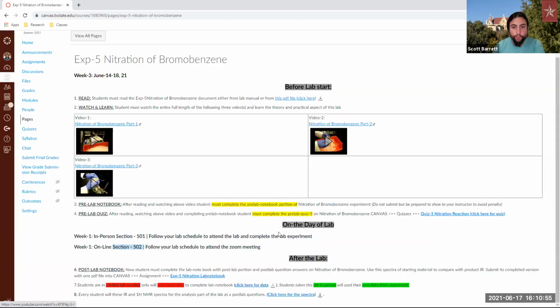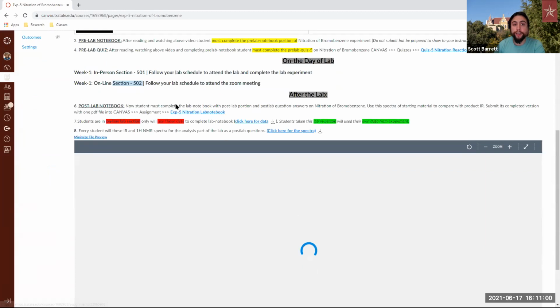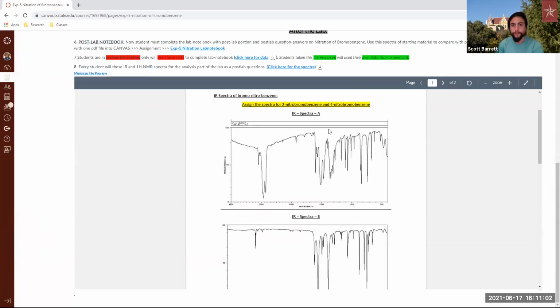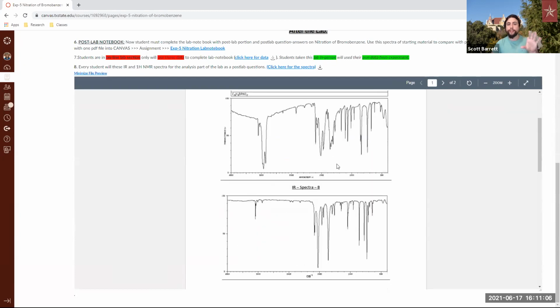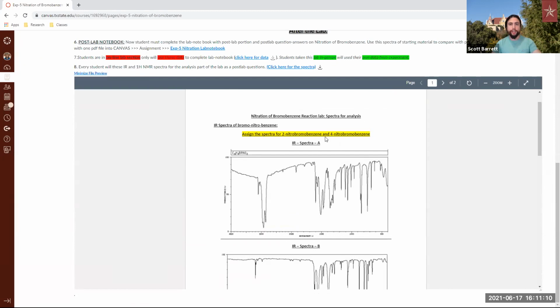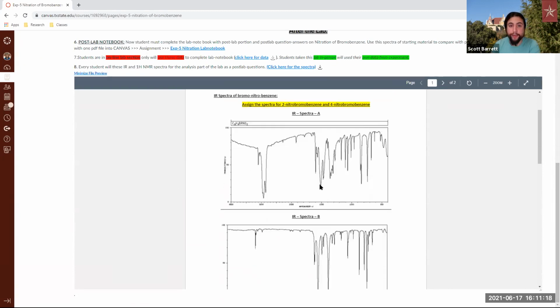And then once you've gone forward to analyze your data, make sure there is a second part. Here is your IR spectra. Okay, everyone needs to analyze this. You need to say which one is which. Assign it firstly for 2-nitrobromobenzene and 4-nitrobromobenzene. Assign the peaks. Make sure that you know which peaks are which.